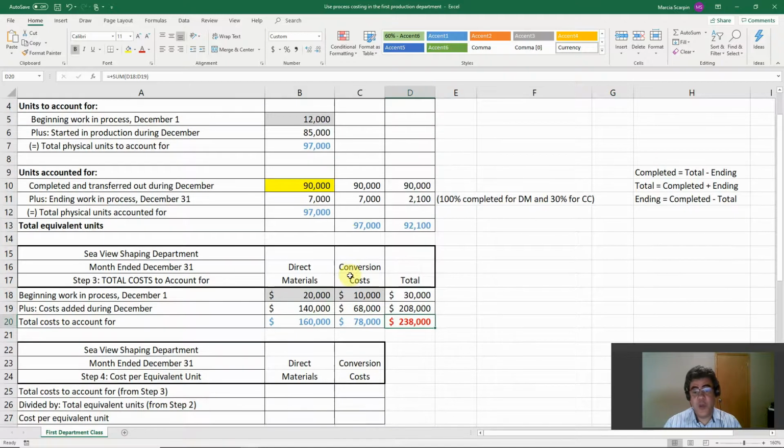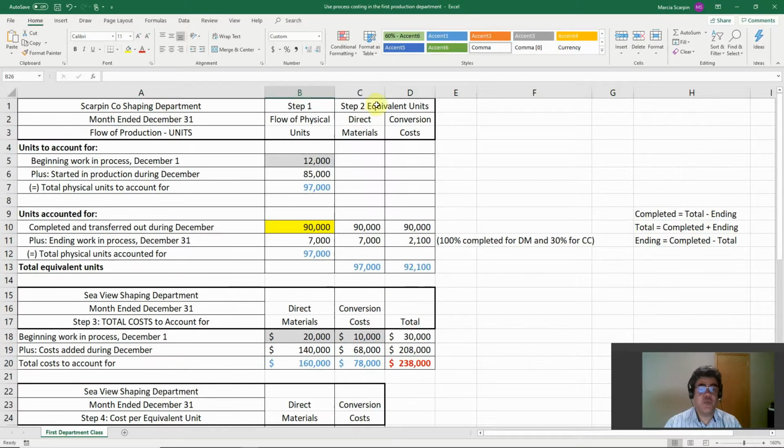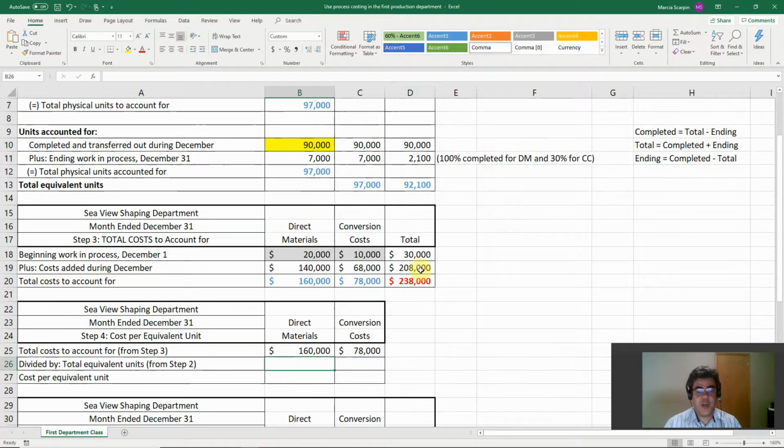However, first of all, we need to find the cost per equivalent unit. That is our step number 4. So the total costs of direct materials from step number 3, that is here, 160. Conversion costs, 78. Divided by total equivalent units from step number 2, equivalent units here, direct materials, conversion costs.